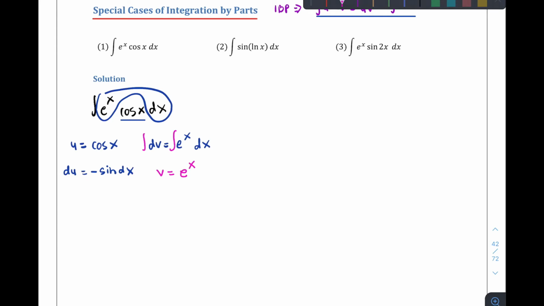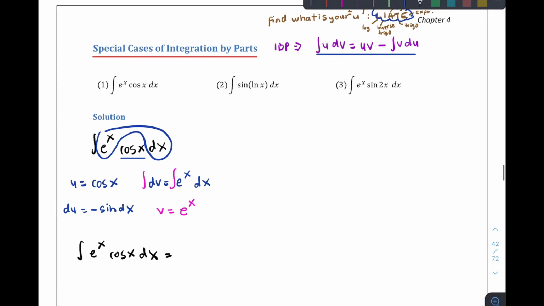Then you resubstitute. For the integral of e^x cos x dx, the IBP formula says u multiplied by v, so cos x times e^x, rearranged to be nicer: e^x cos x, minus the integral of v du. Your v is e^x, your du is negative sine x.